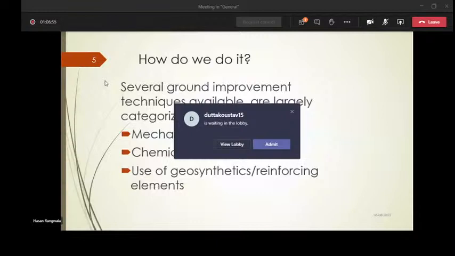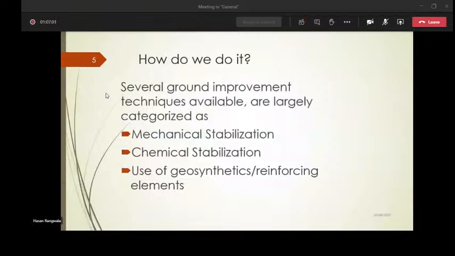And what is chemical stabilization? You add some chemicals and you stabilize the properties of the soil with various types of admixtures. What are these admixtures? They start from lime or cement, to fly ash, to various types of chemicals.